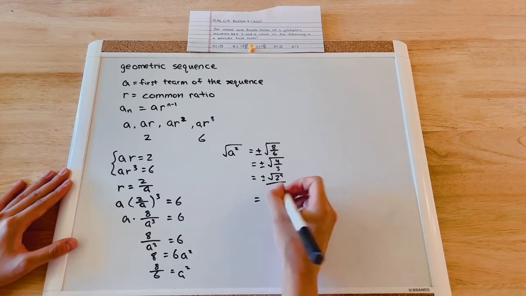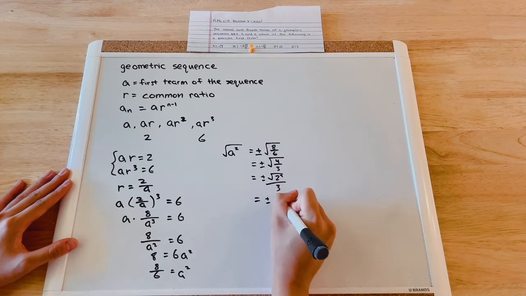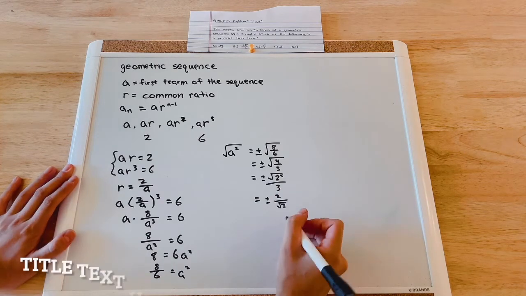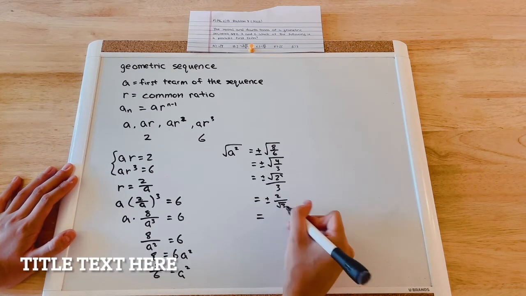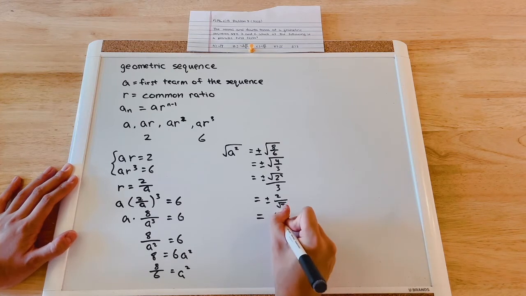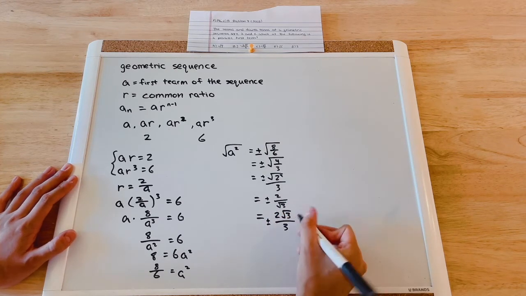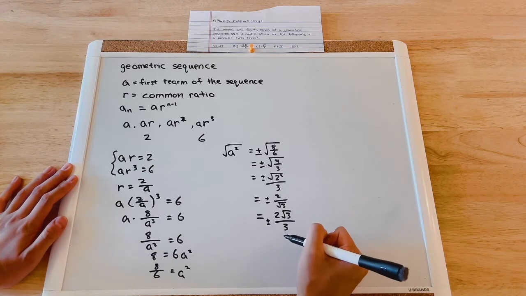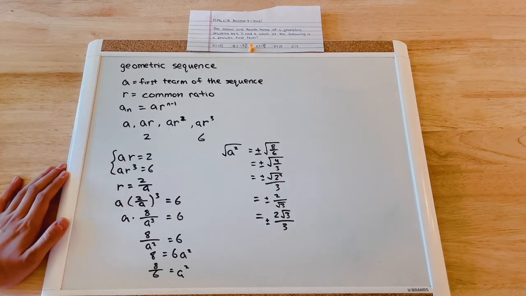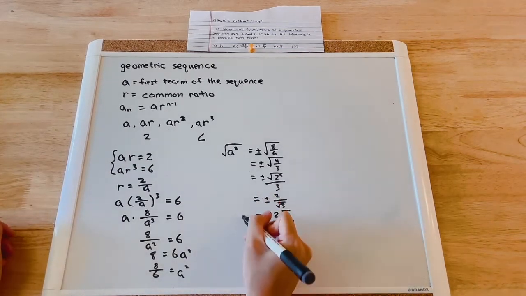Well, you can take the 2 out, so that would be 2 over the square root of 3. Let's get the square root out of the denominator, which would be 2 times the square root of 3 divided by 3. And that would equal A.